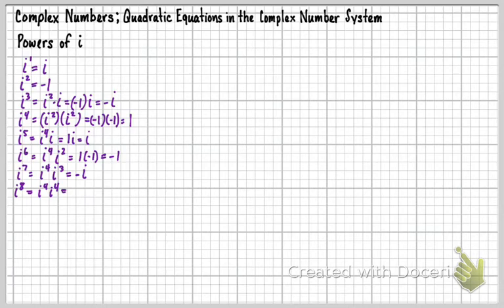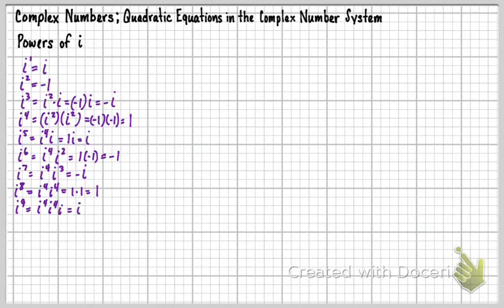And that equals 1 times 1, which equals 1. Okay, now let's do i to the ninth. So now i to the ninth is really i to the fourth times i to the fourth times i. And I know i to the fourth is equal to 1. So I'm just going to get i there.